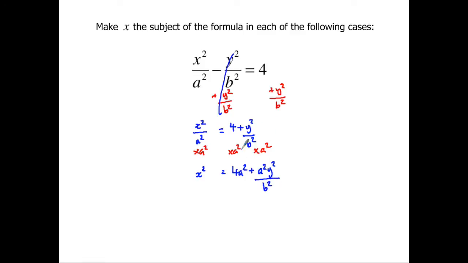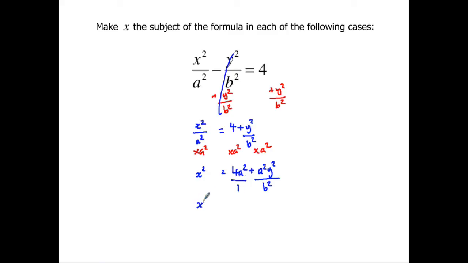Now, from here, this is all looking a little bit untidy. So we need to merge them. Then both going to need to go over b squared, so the only way to achieve that is to multiply top and bottom of this by b squared.